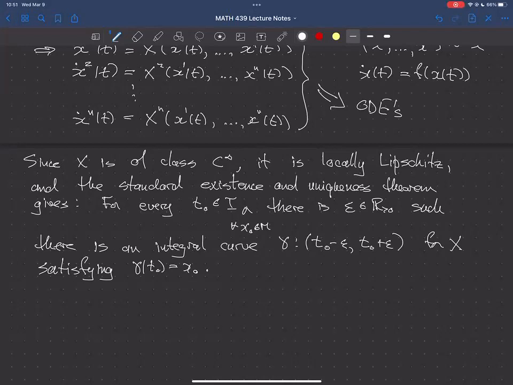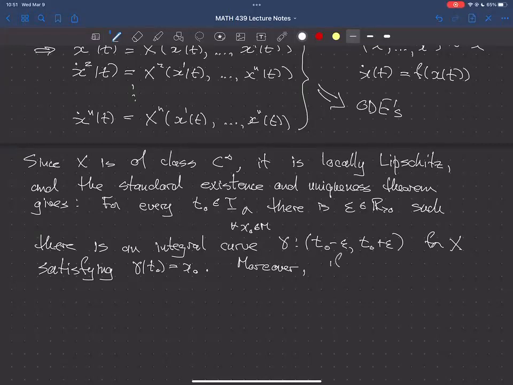What about uniqueness? Moreover, around every t naught, and with every initial condition x naught, I can find some integral curve. So let's suppose that I have two integral curves that pass through x naught at time t naught.